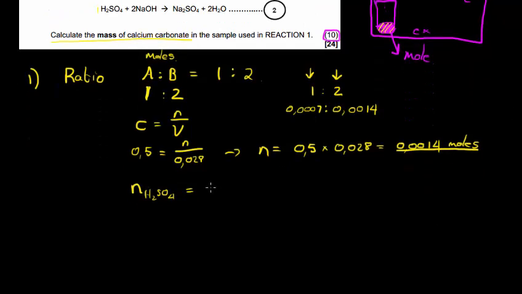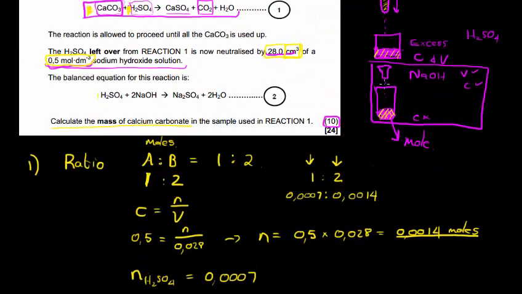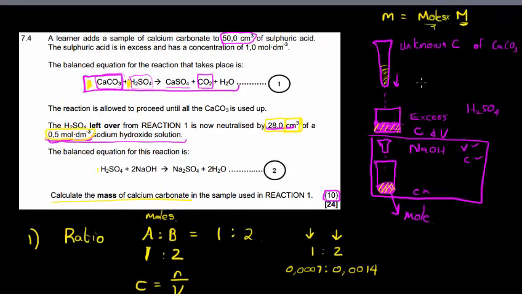So the amount of moles that is left in here is 0,0007. That is, after I added the calcium carbonate, that is how much I had in here.